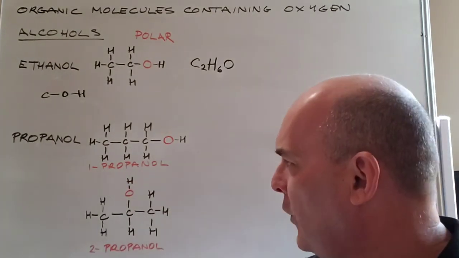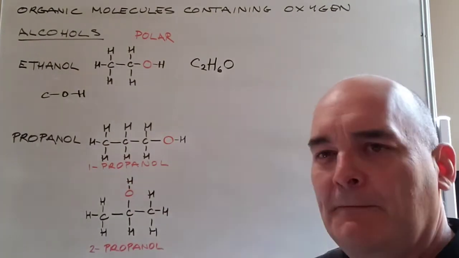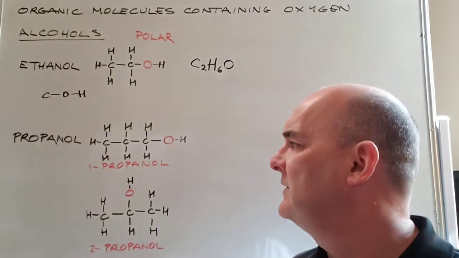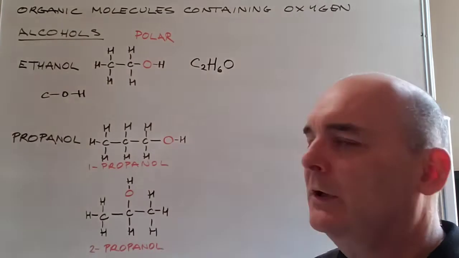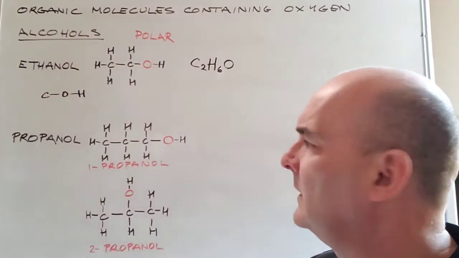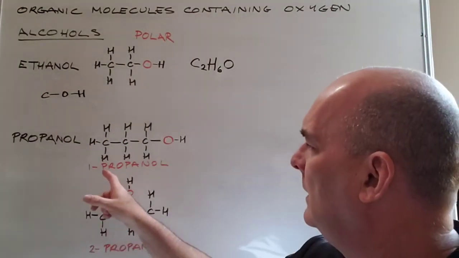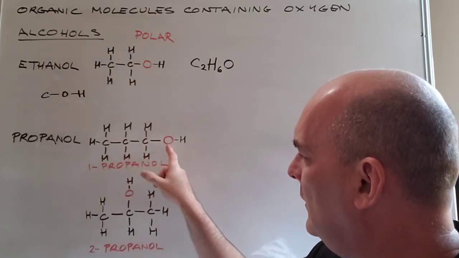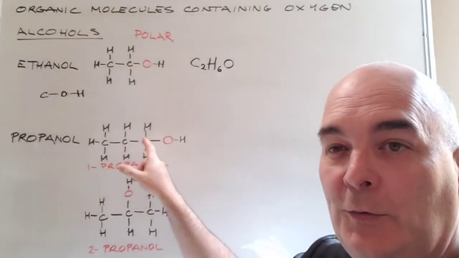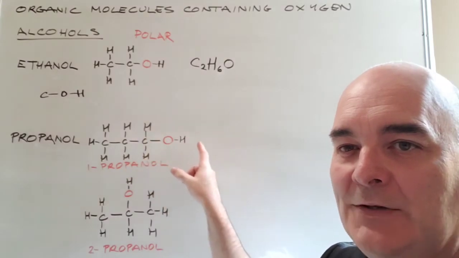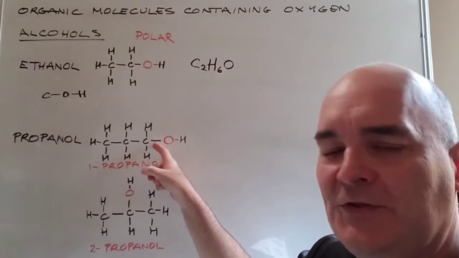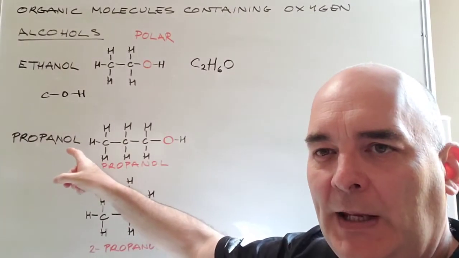If we looked at propanol, using the same logic that we just did for the chloroalkanes, we can see that there are going to be 2 isomers. There's going to be a situation where we can have the carbon, oxygen, hydrogen alcohol group be at the end of the chain, and having it at the end of the chain is the same as having it at the beginning of the chain.